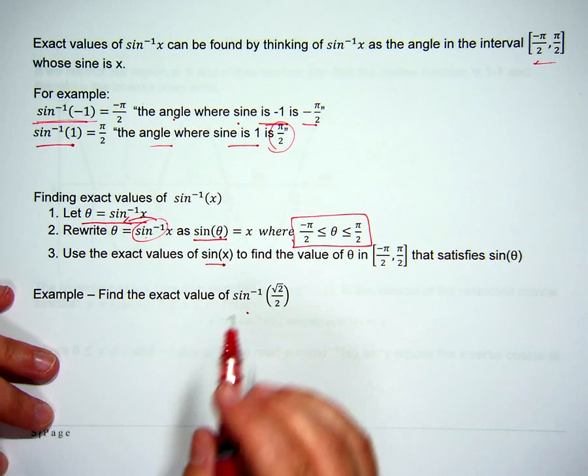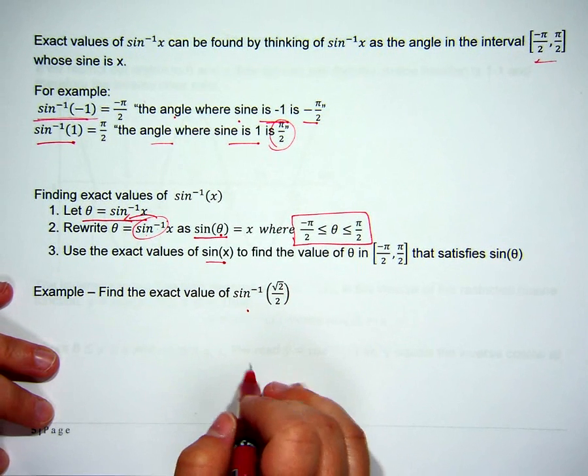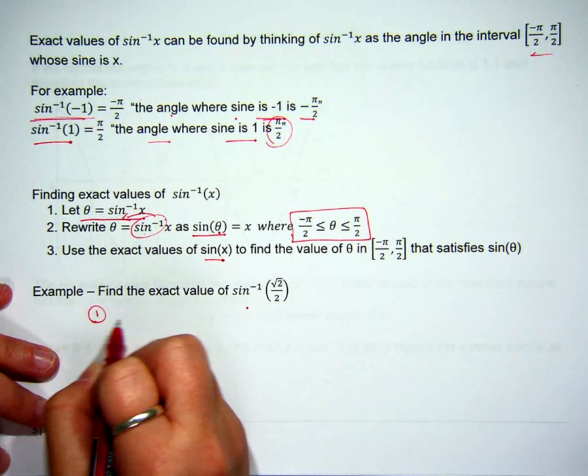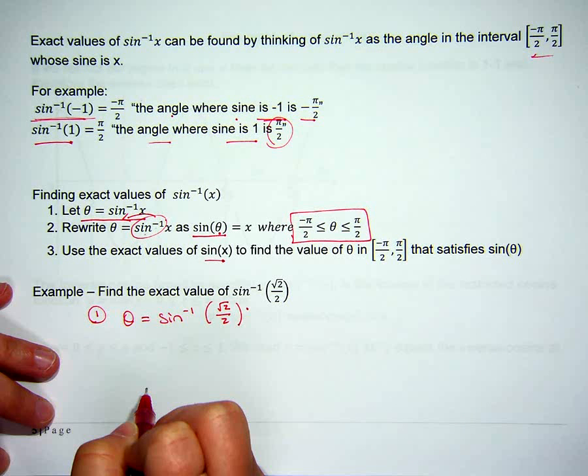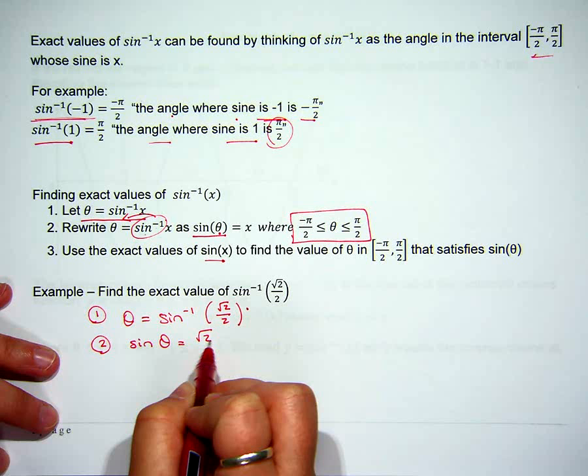Here's a question: sine inverse of square root of 2 over 2. Step 1: theta equals sine inverse of square root of 2 over 2. Step 2: move your sine inverse across the equal sign. Sine theta equals square root of 2 over 2.